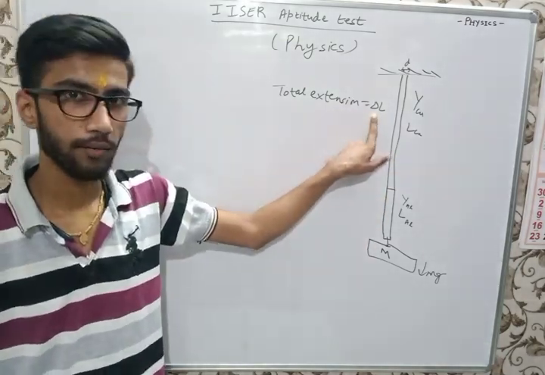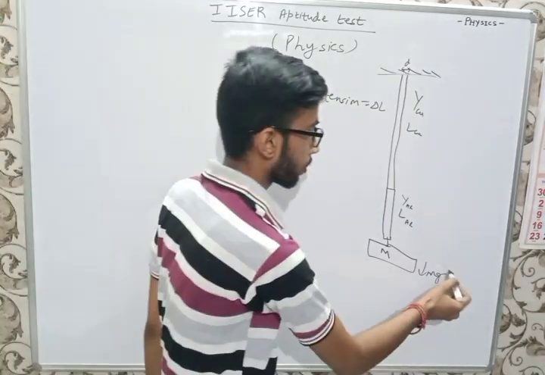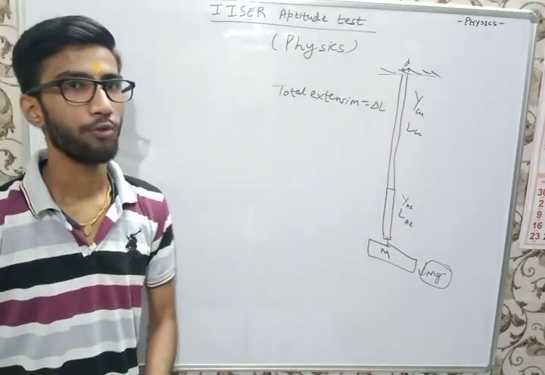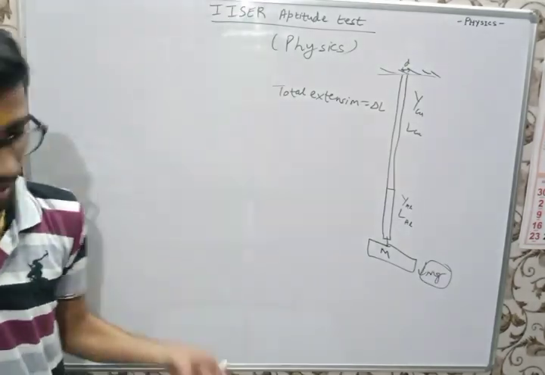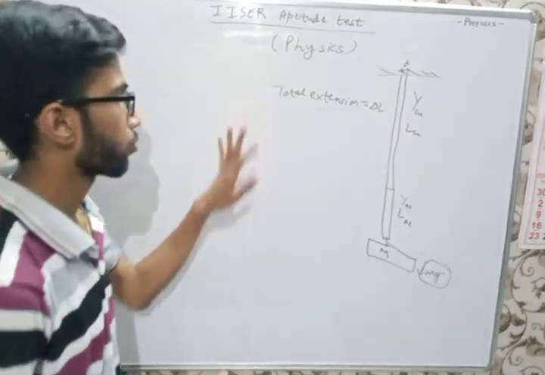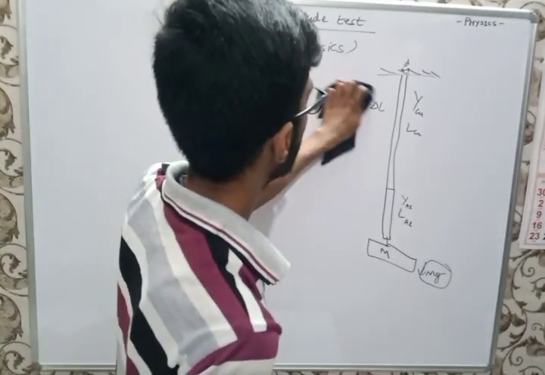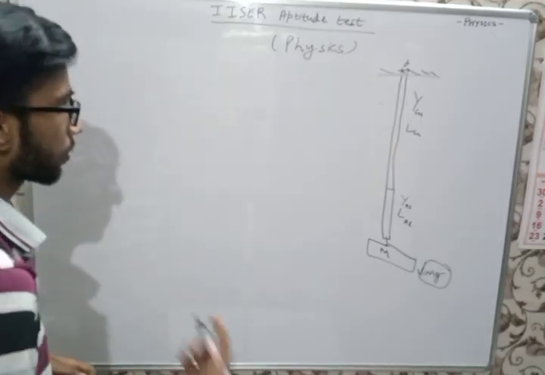It is delta L, it is given. Then what is the value of load? What was the load applied to the system? You have to find this. This is not a quite simple question, but not so hard. It is an average question, and there is a similar question in NCERT as well.